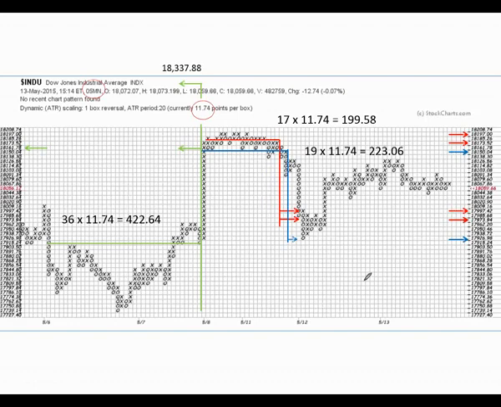I believe StockCharts has a huge database of historical data for vertical charts and line charts, but I don't recall that they have the ability to go back in time on the point and figure charts. But we should look into that.